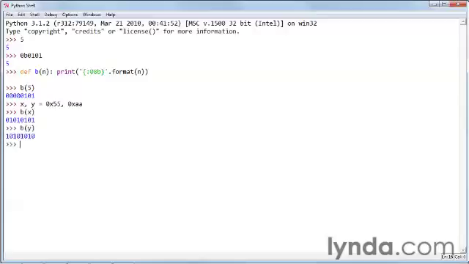So the OR of these two values, which would be X or Y, and the vertical bar there is the OR operator, we'll have all the bits set, like that. And the AND of the two values, which is with the ampersand, will have all the bits cleared.